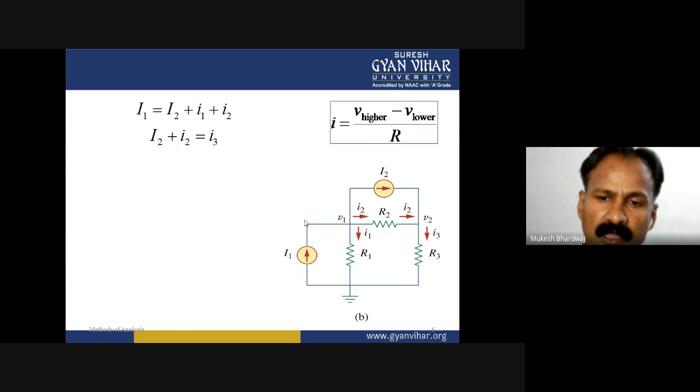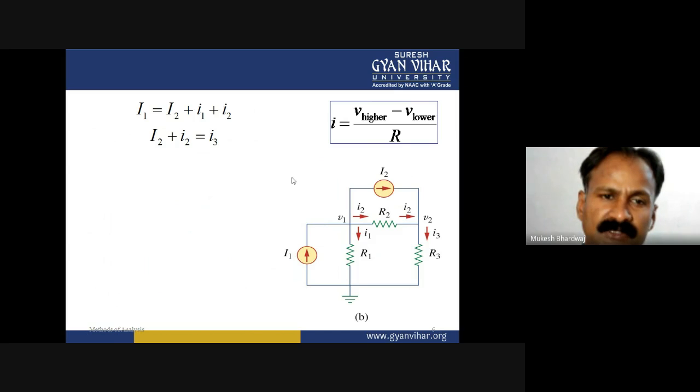Similarly, i1 is given as V1 minus 0 upon R1. Similarly, i3 is equal to V2 minus 0 upon R3. We are going to identify three unknowns, and three equations are there.